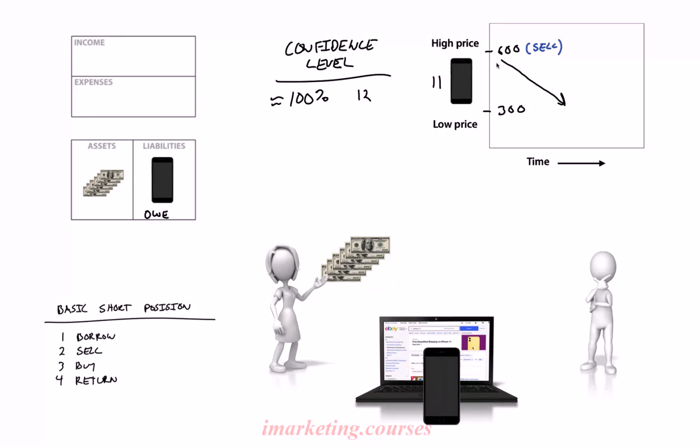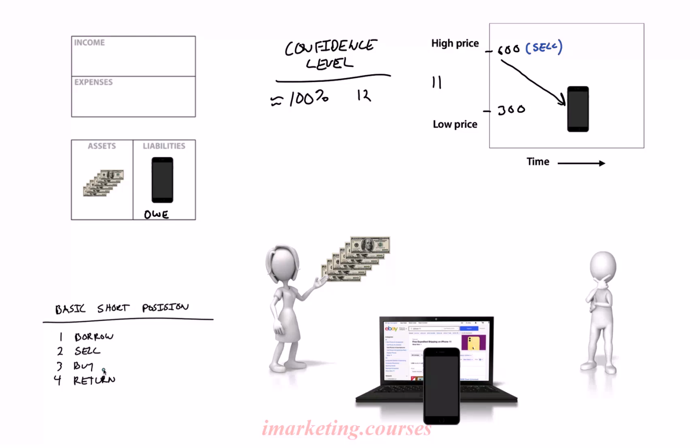And so once the price movement that we predicted has occurred, it's now time to change our position, right? And get out of this position and enjoy the cash. So the phone goes from here, and now it's down here in value. It's gone all the way down to 300. So what is it time to do now according to our formula?